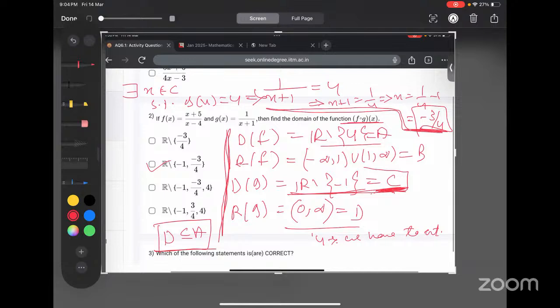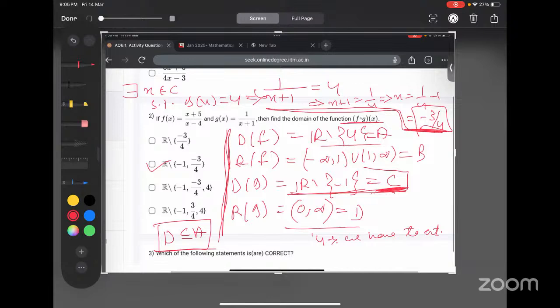We have to stay inside C. C is already R minus minus 1 and we are excluding minus 3 by 4. So it will be R minus minus 1, minus 3 by 4, right? Is it fine?